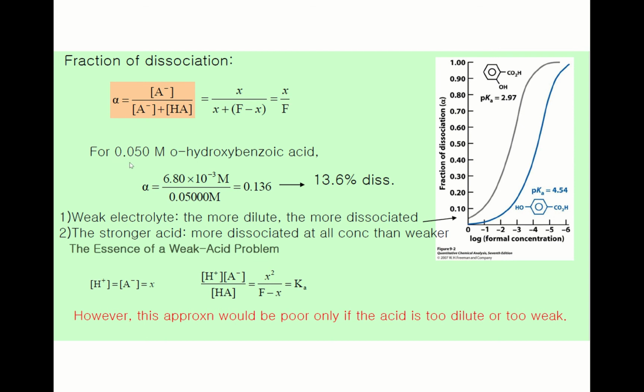For 0.050 molar ortho hydroxy benzoic acid, what is alpha? Since the formal concentration is 0.05, let me see.